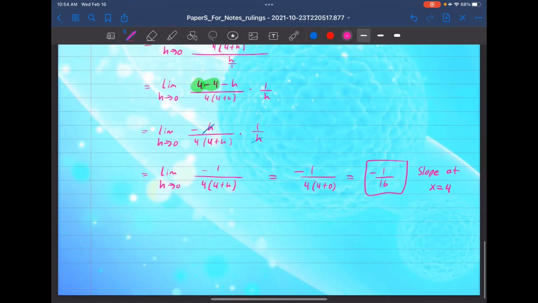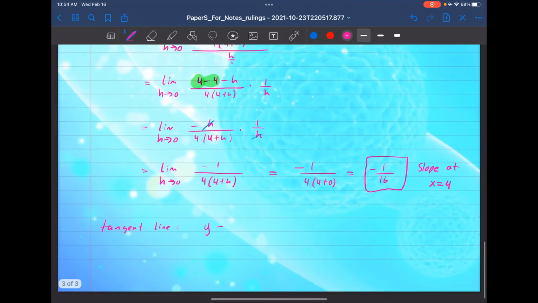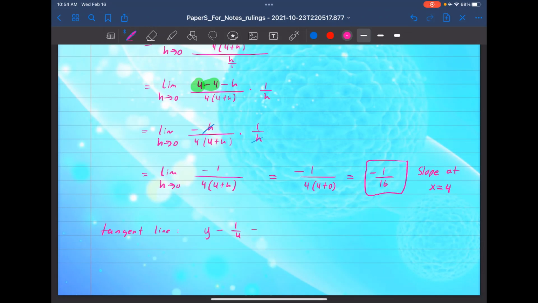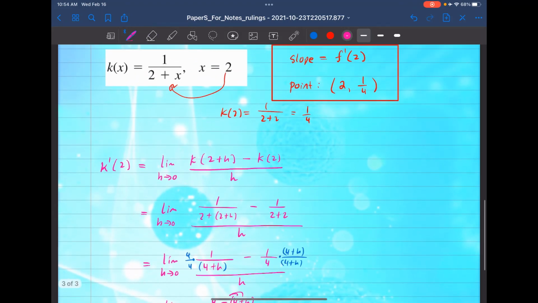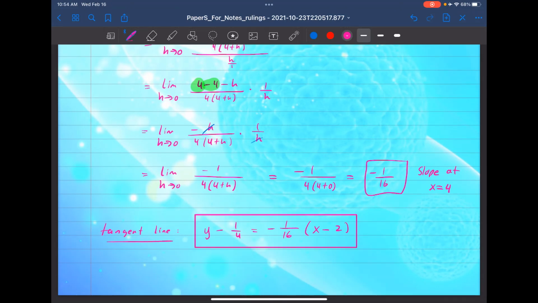So our tangent line, the equation of it, is going to be y minus y1. Well, that's the y-coordinate, that's 1/4, equals m, that's negative 1 over 16, times x minus x1, that'll be the x-coordinate of the point, which is 2. So there you have the equation of the tangent line to a different curve at a different point.